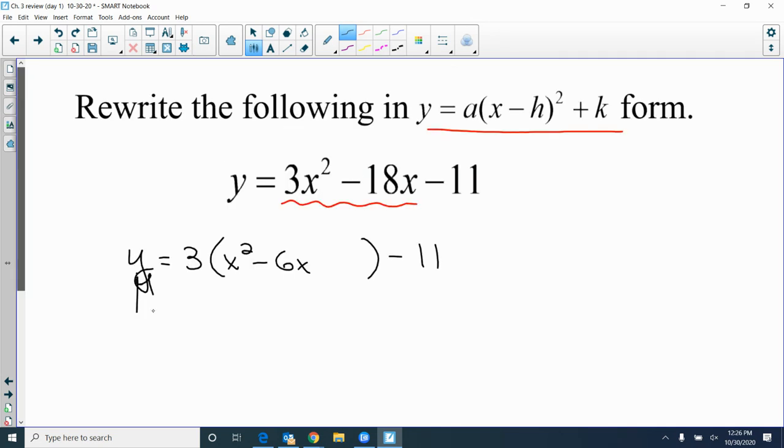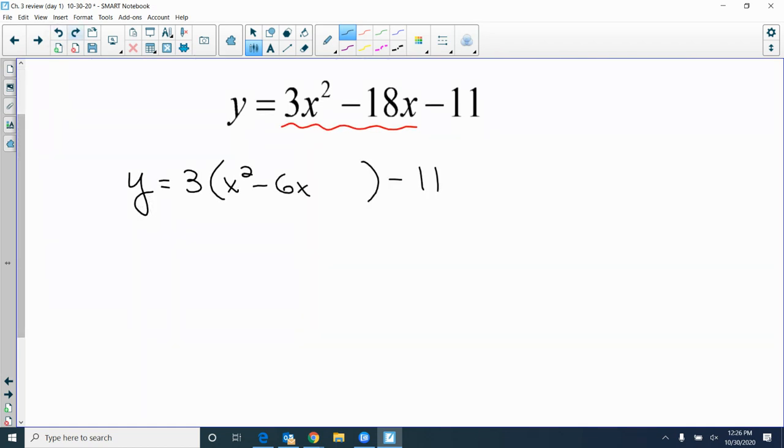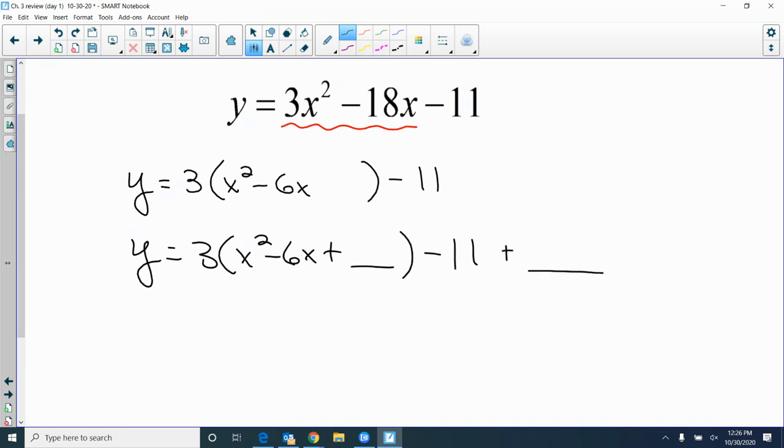So now I get y equals 3 times x squared minus 6x plus, remember it's always a plus, and then we have to figure out what to put in that last spot. Let's complete the square. Take half of negative 6, which is negative 3, and then square that.